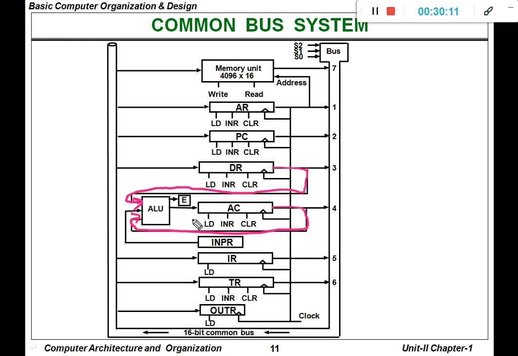After performing the arithmetic operation, whatever the result that has come, that result will be stored in where? Accumulator register. So from the accumulator register, if you want, you can store the content by passing through this common bus. We can store the result in memory by initiating the write operation. So like that, we are going to perform the operations.